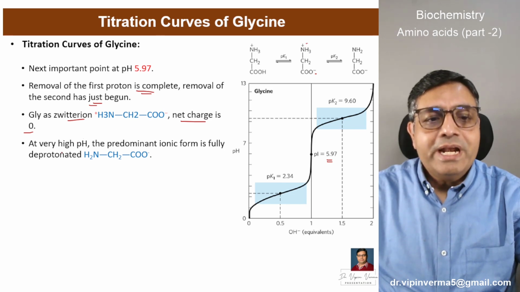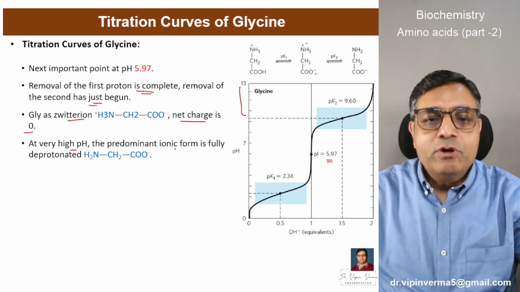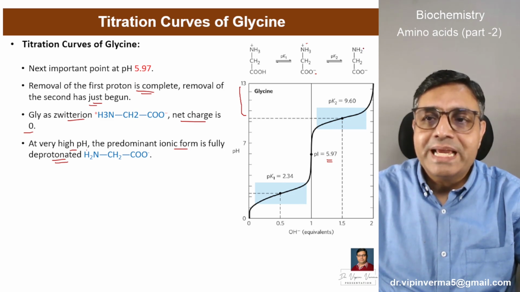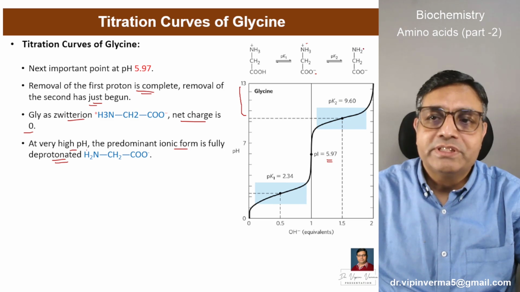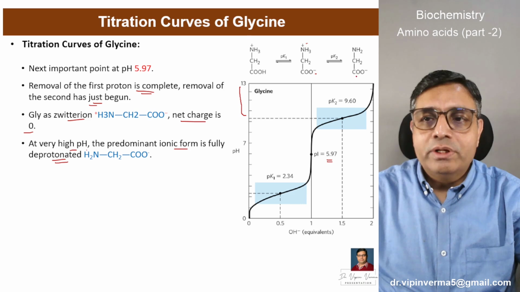All right, now at very high pH, we are talking about this stage, the predominant ionic form is fully deprotonated. Here you can see there is no positive charge. So the extra proton which was giving a positive charge here is also gone, and this one was already gone here.